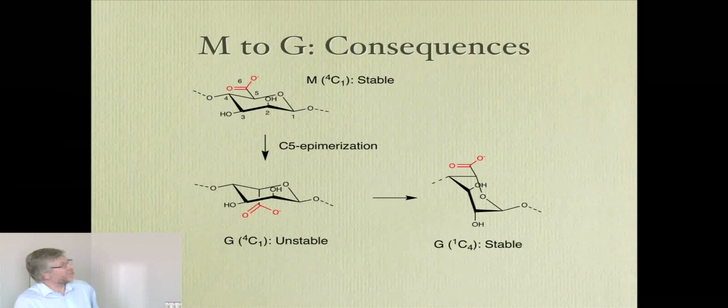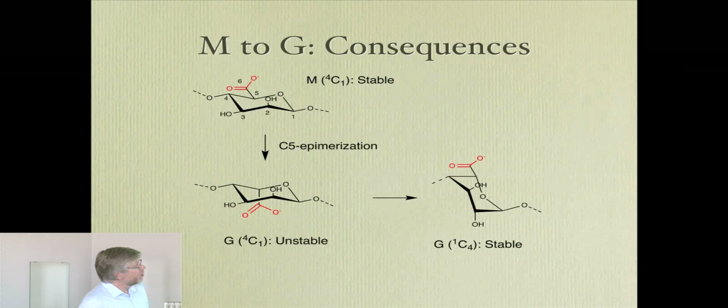If you can imagine a plane from O to C5 to C3 to C2, this carbon number 4 is on top and carbon number 1 is down. So it was decided to call this 4C1. So mannuronic acid is 4C1. Also glucose and galactose and mannose are 4C1.